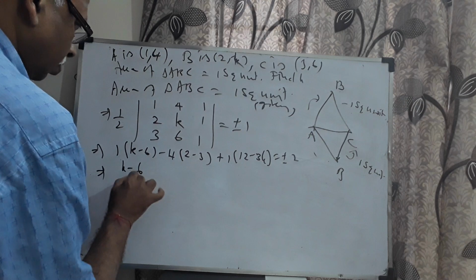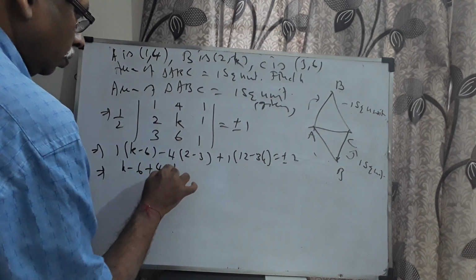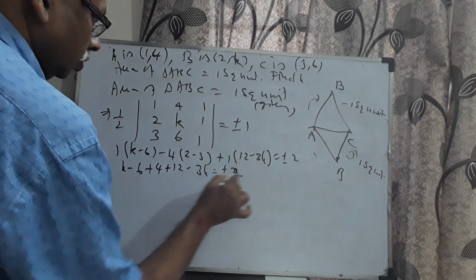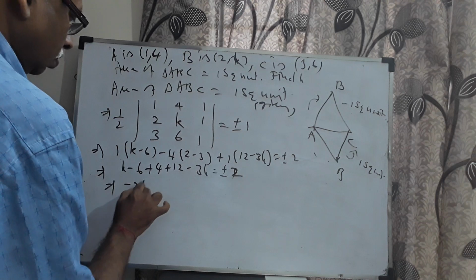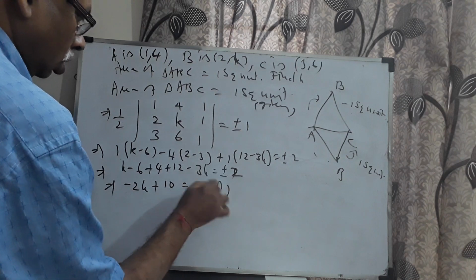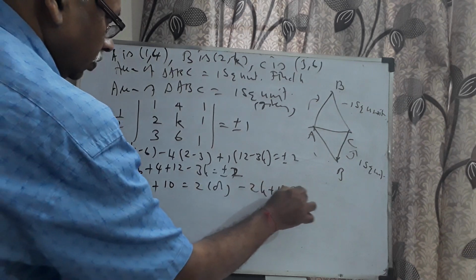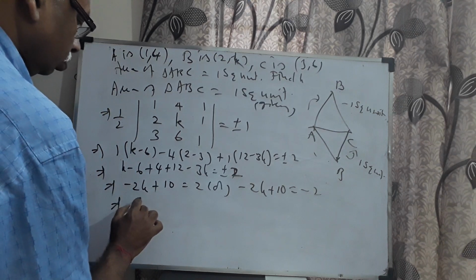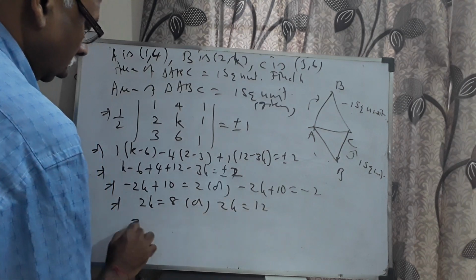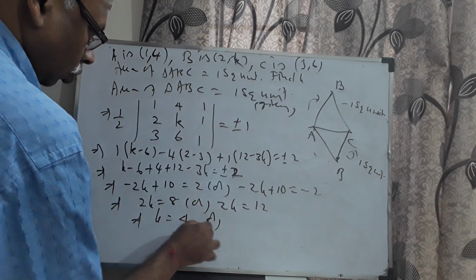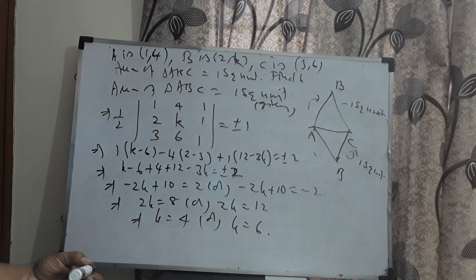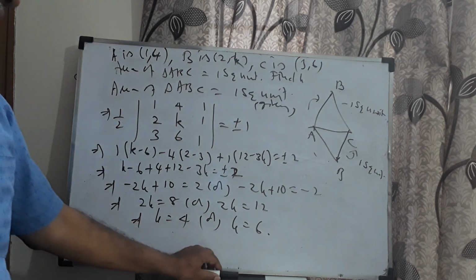This is supposed to be k minus 6 plus 4 plus 12 minus 3k is equal to plus or minus 2, which implies minus 2k plus 10 is equal to 2, or minus 2k plus 10 is equal to minus 2, which implies 2k is equal to 8 or 2k is equal to 12, implies value of k is either 4, value of k is 6. One will give you on one side of the segment AC, other will give you the point B on the other side of the segment AC.